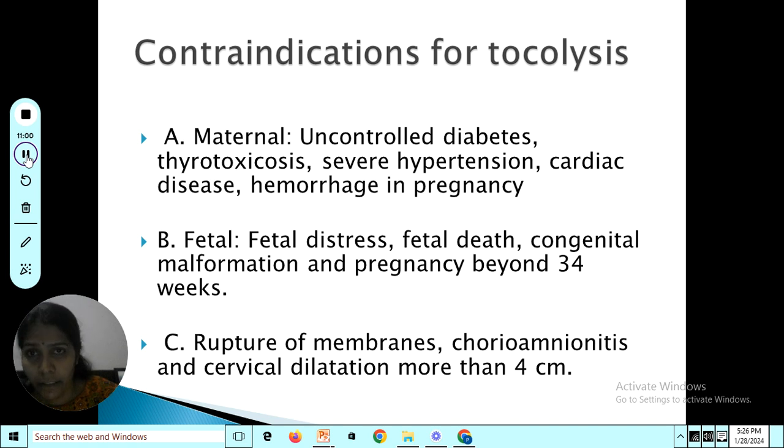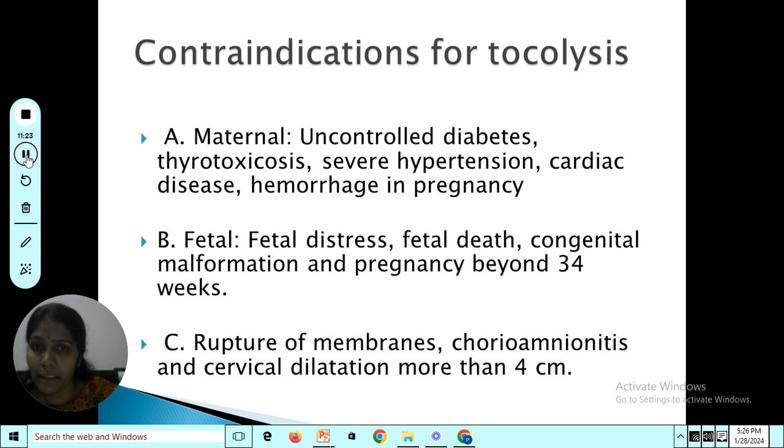But there are few conditions where tocolysis is contraindicated and we cannot stop labor. Such conditions are maternal uncontrolled diabetes, thyrotoxicosis, severe hypertension with imminent features, cardiac disease, and hemorrhage in pregnancy. So in these conditions we cannot give tocolysis and we have to allow for the preterm labor.